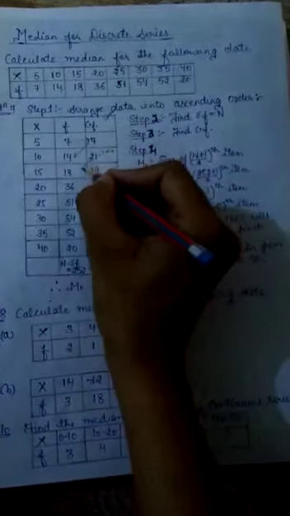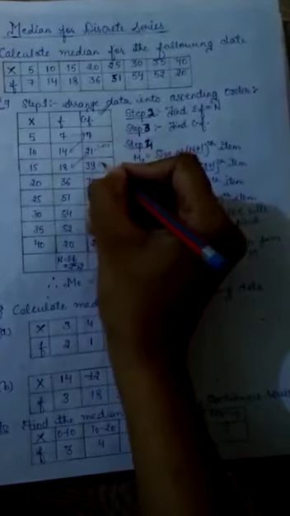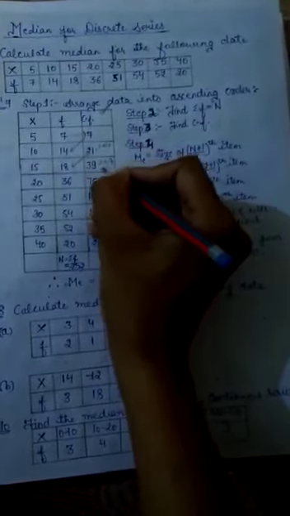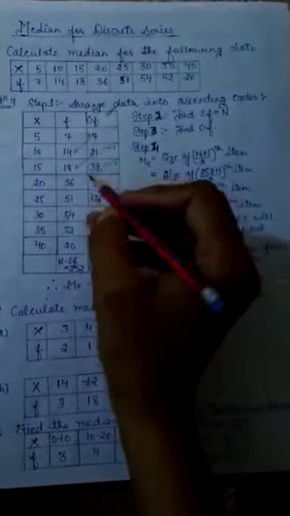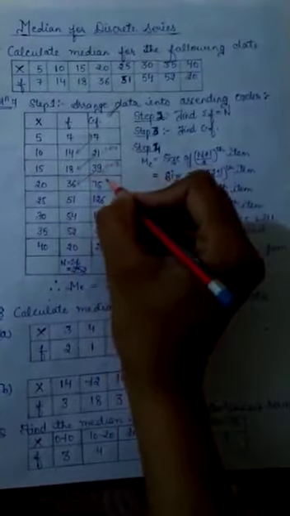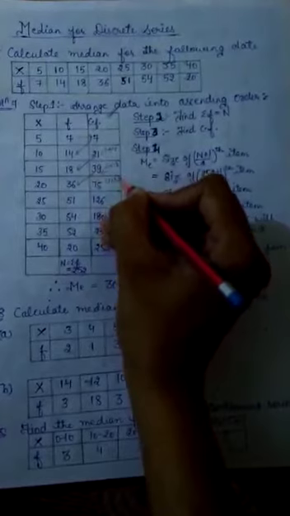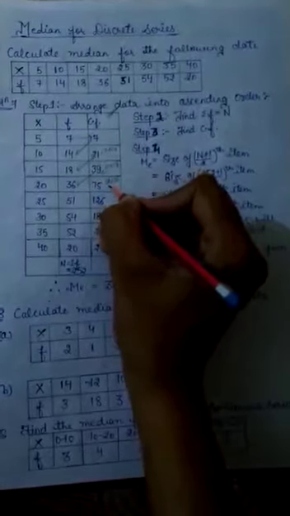Then 21 plus 18 will give you 39. And in the next one you have to add 39 plus 36, that will be your 75.